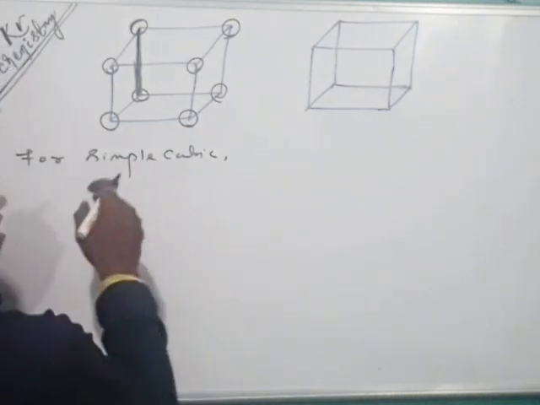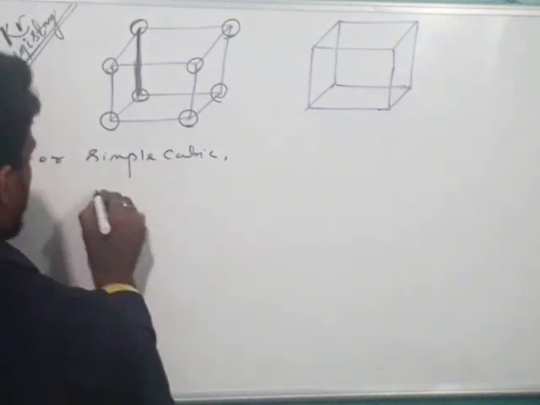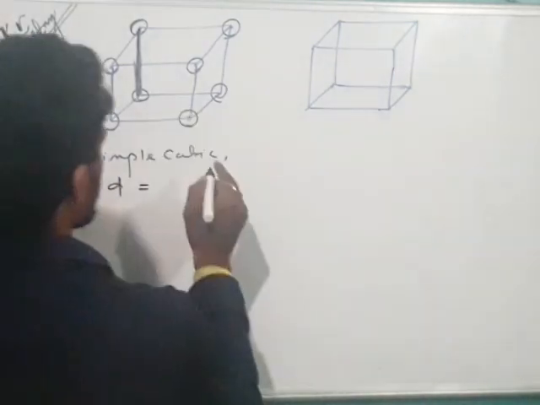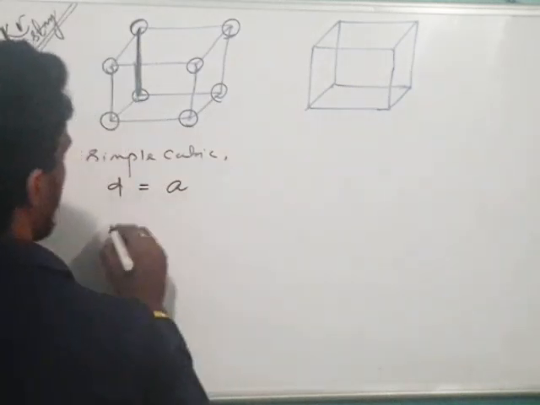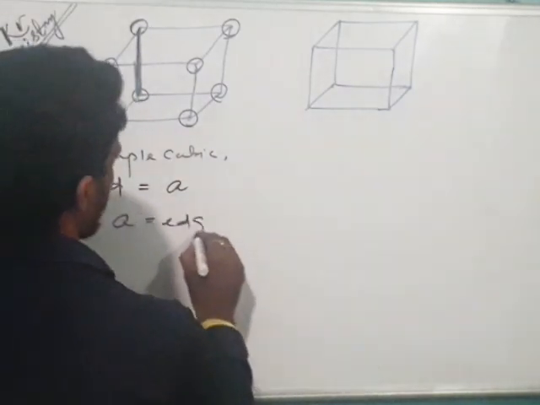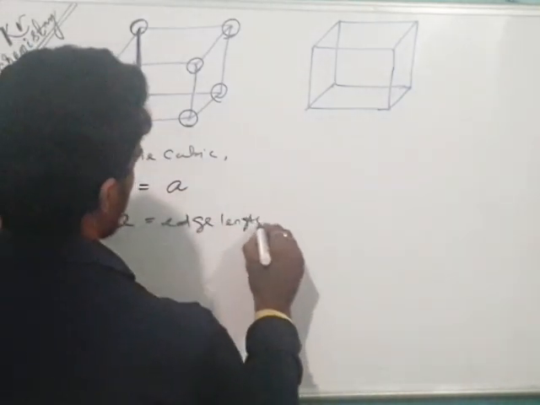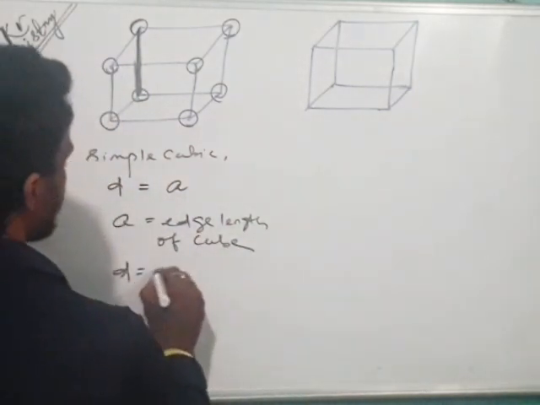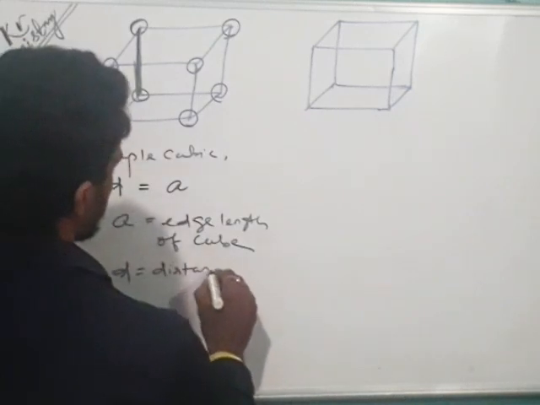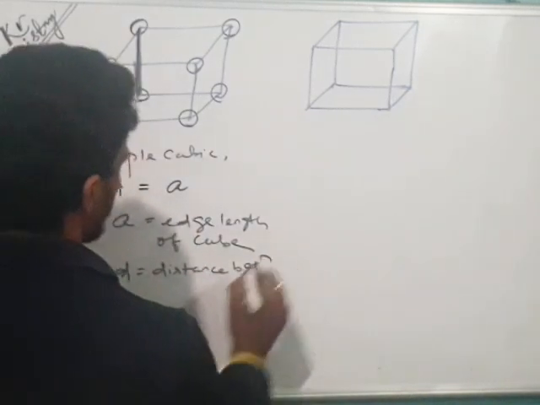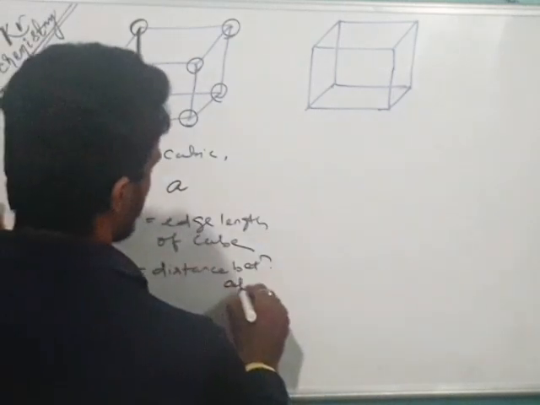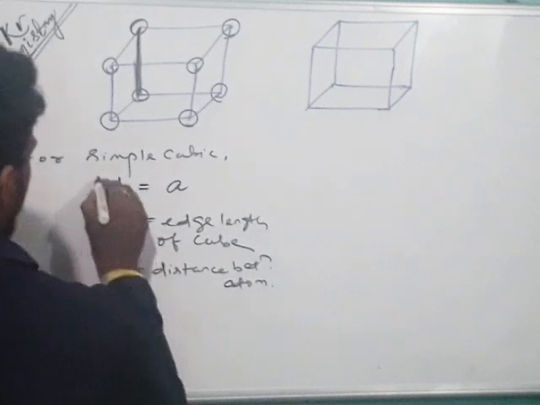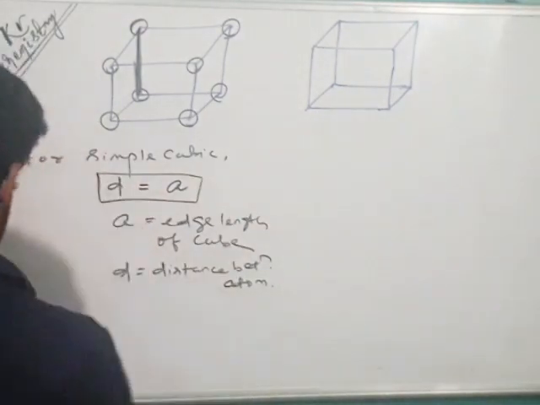Let the edge length of the cube be a, and d the distance between atoms. Here we find that d is equal to a.